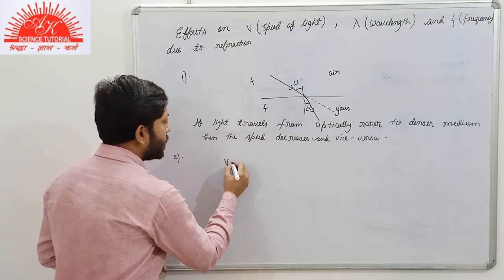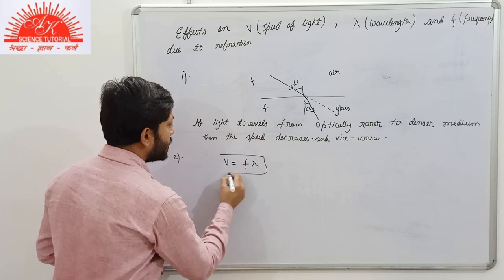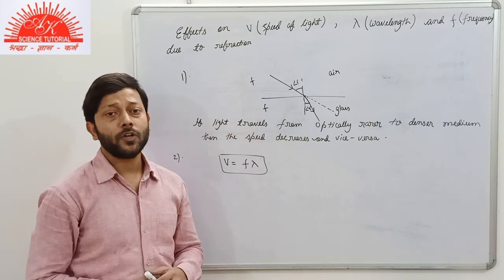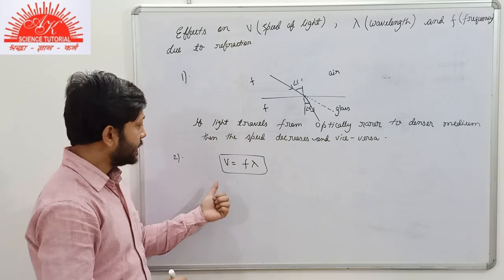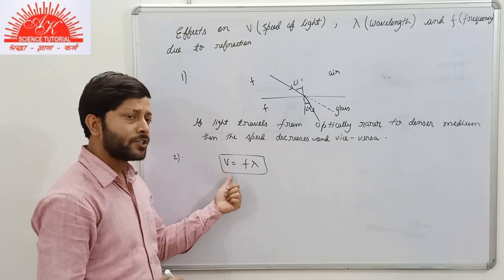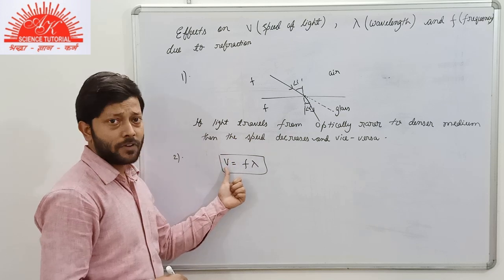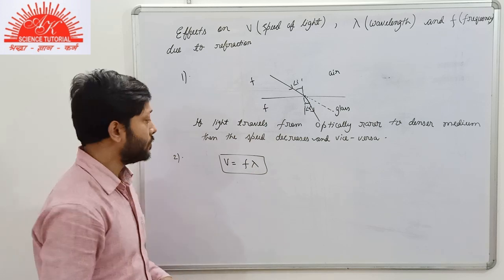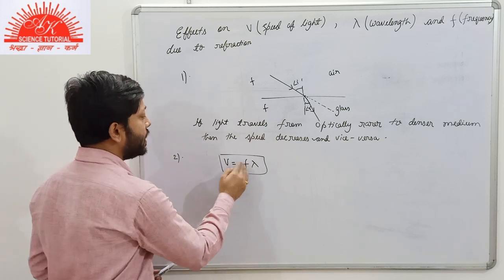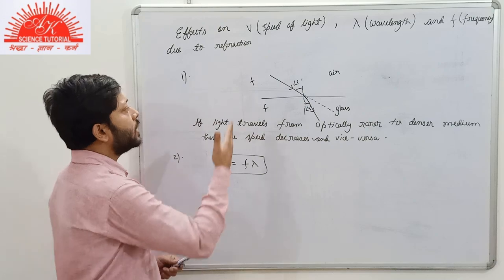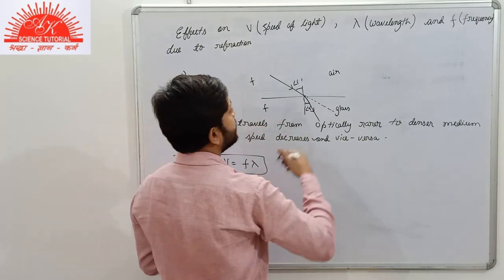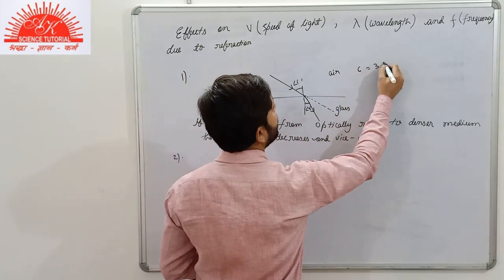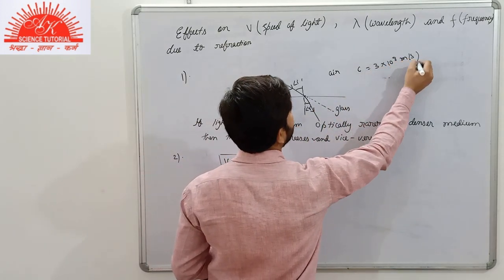Now we will talk about the wavelength of light. For it, we must have knowledge of this expression. You must have learnt about it in class 9th when you learnt about wave motion. This expression is very simple. It is the relation between the speed of any wave, the frequency of that wave and the wavelength of that wave. So it is the relation between v, f and lambda. Suppose the speed of light in air, you know, is denoted by c, which equals 3 times 10 to the power 8 meters per second.